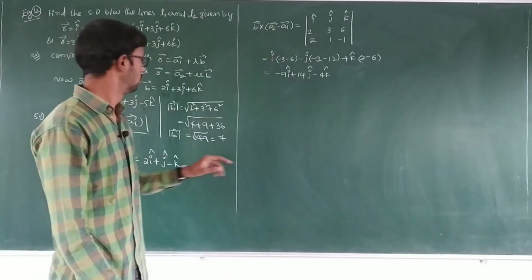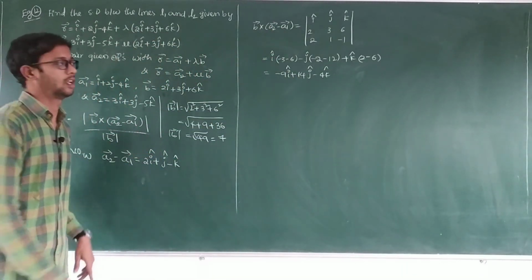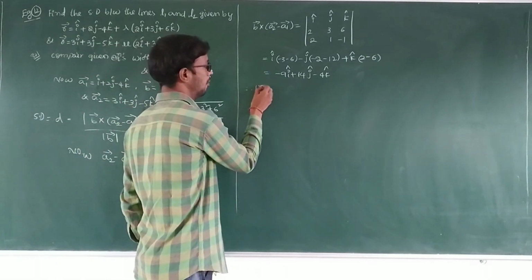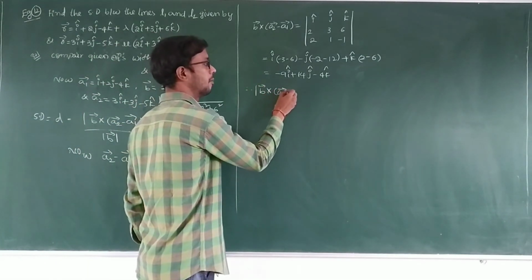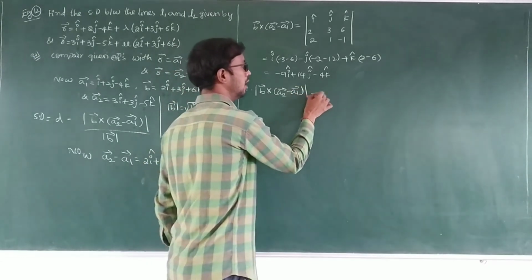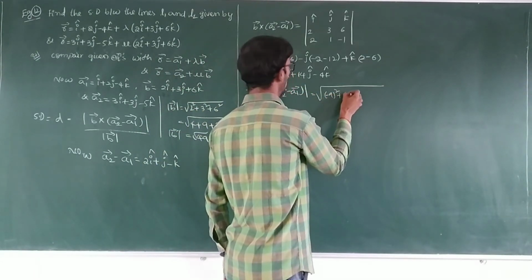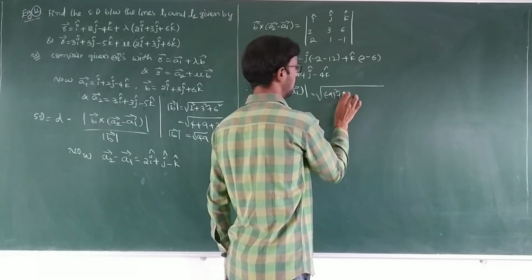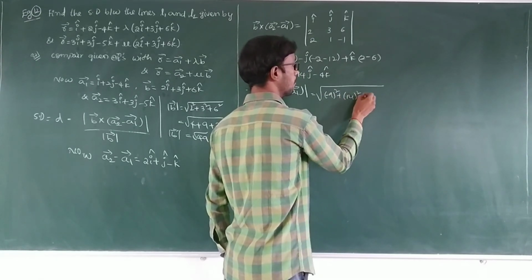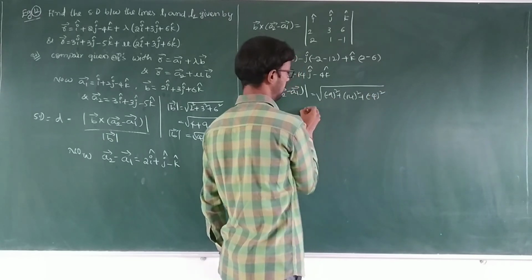This is the value. But here what is the magnitude also? So the magnitude of b bar cross a2 bar minus a1 bar is square root of minus 9 square plus 14 square plus minus 4 square.